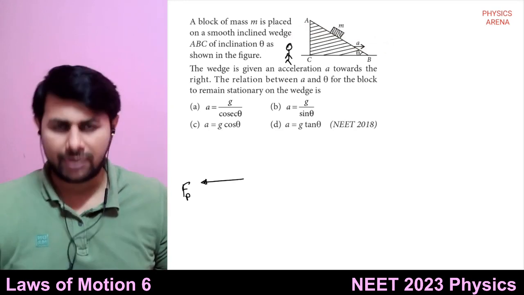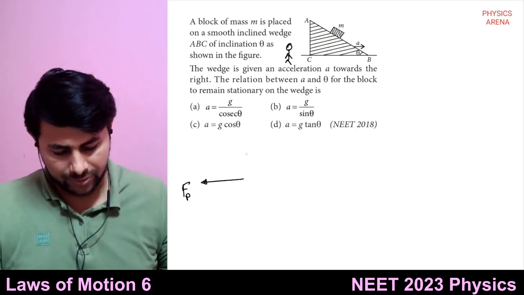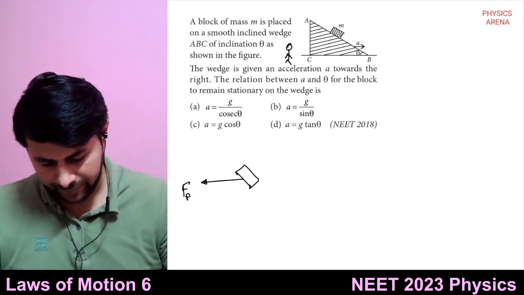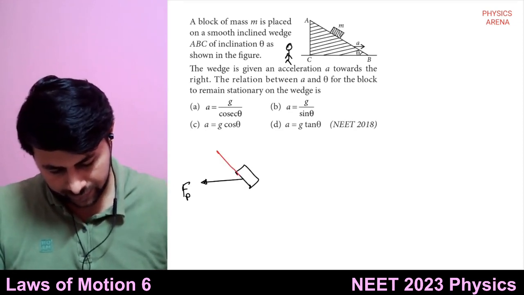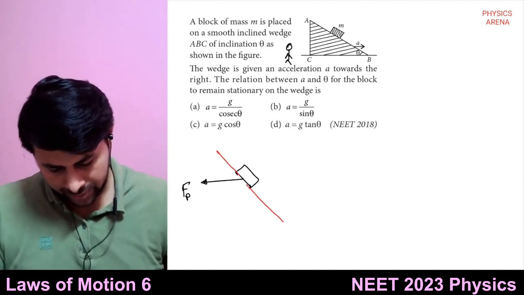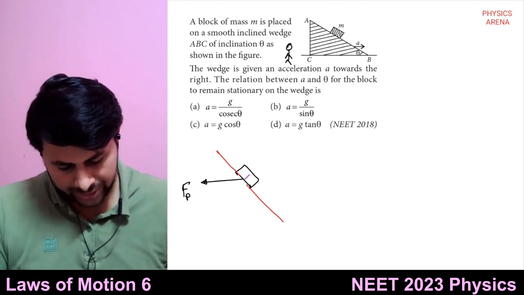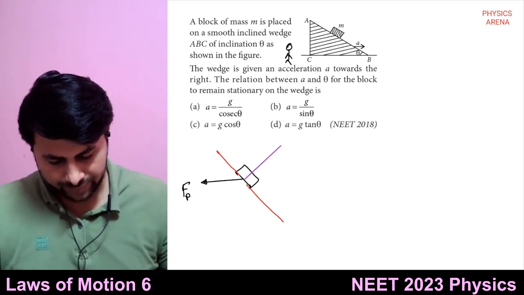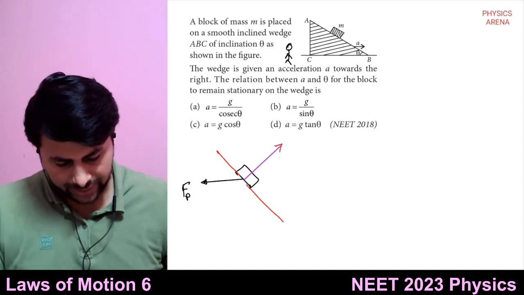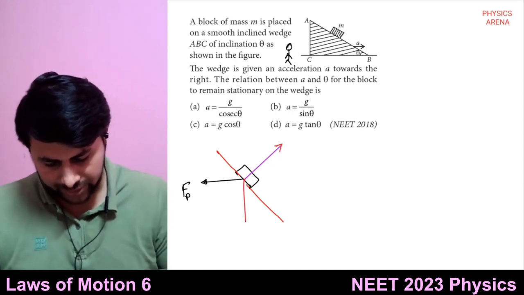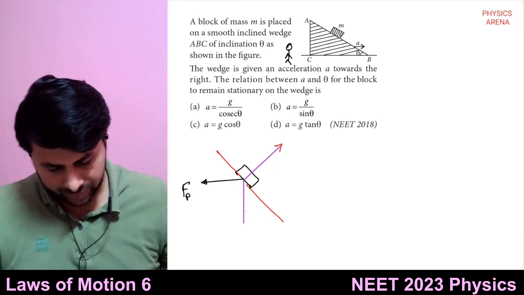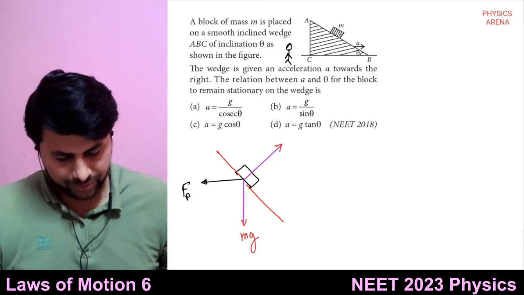So first of all, I will draw the pseudo force, and now let's draw the real forces. So this is the mass. There is normal reaction acting like this, and there is the gravitational force which acts like this, mg.